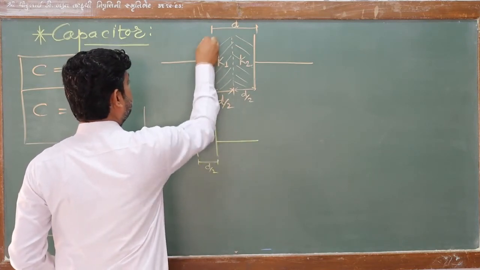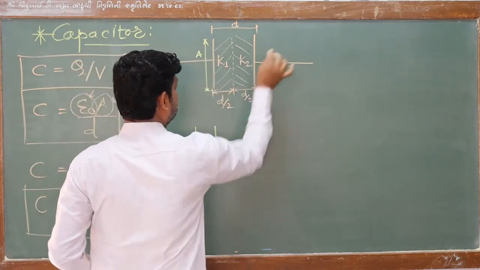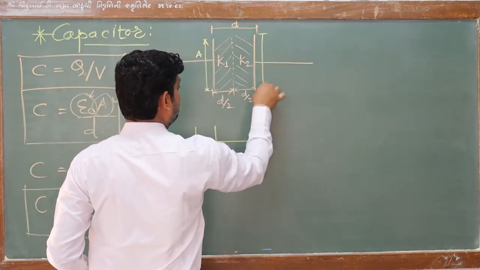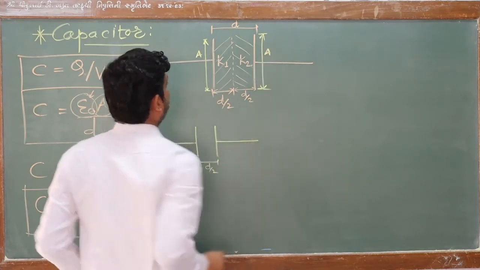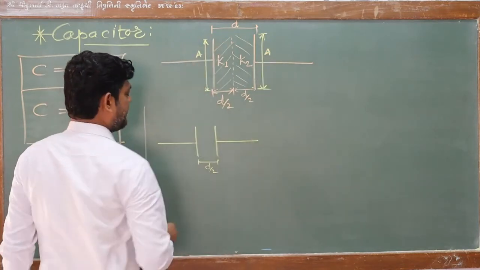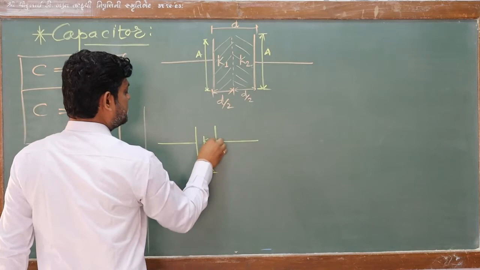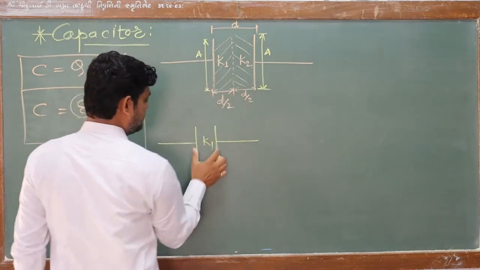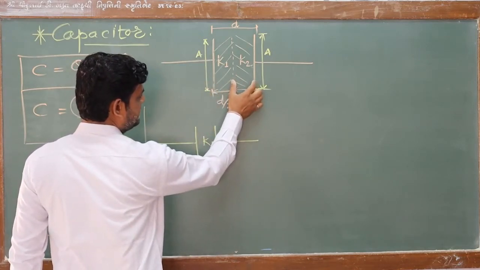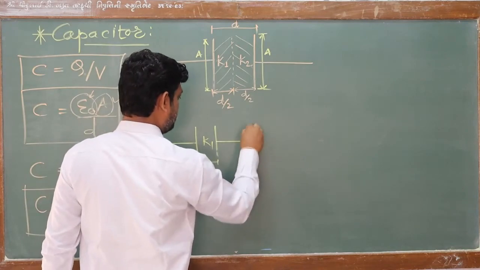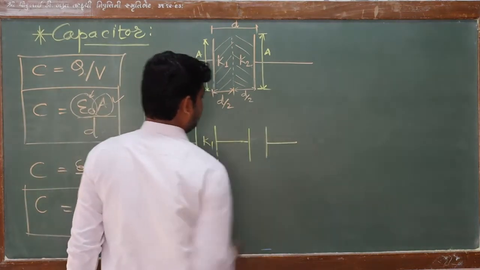Here the dielectric constant is K1. This is the first capacitor, and this is the second capacitor.